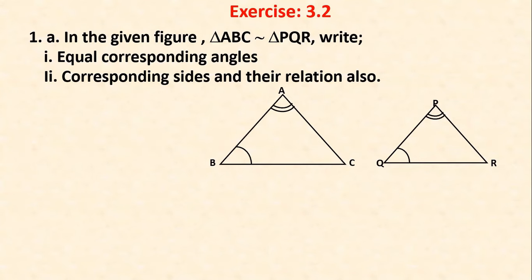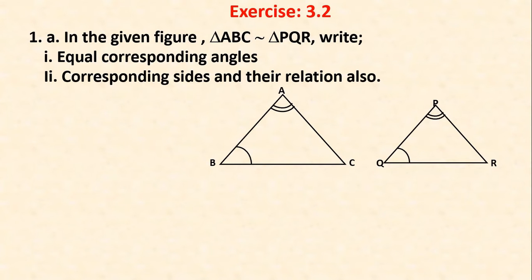The first question, 1A, is: in the given figure, two figures are given on our screen. Triangle ABC and triangle PQR are similar triangles, as you know from the given symbol of similarity. So triangle ABC is similar to triangle PQR. Two questions are given here.